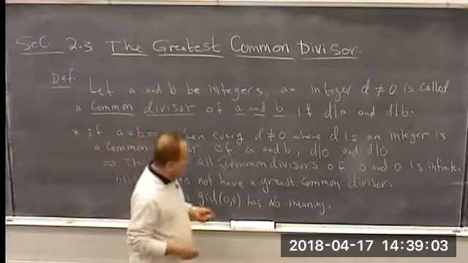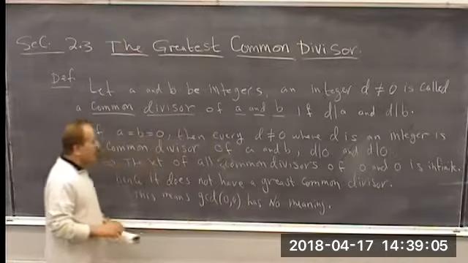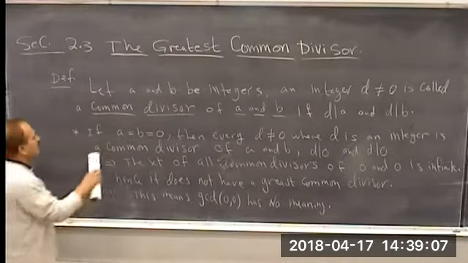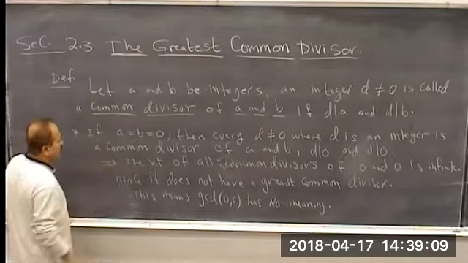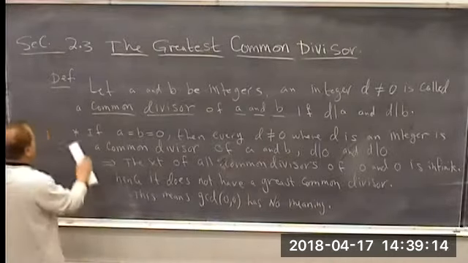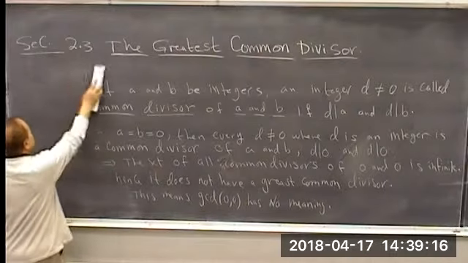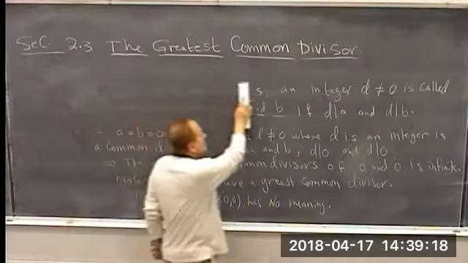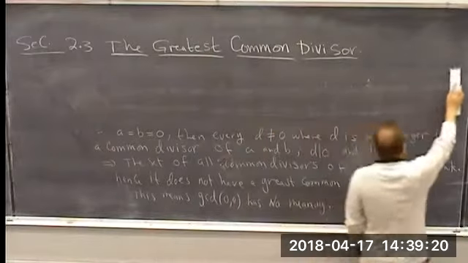However, if at least one of a or b does not equal 0, meaning they are not both equal to 0, then we're going to see that the set of common divisors is finite.